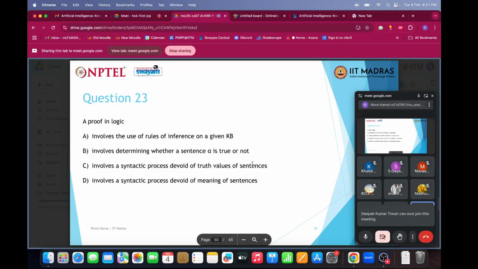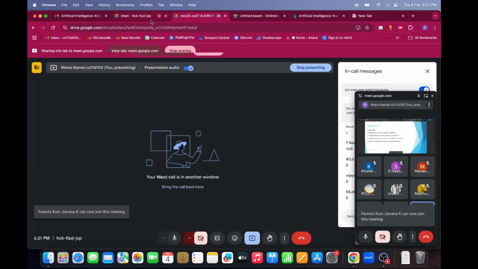So remember that just a while back I was mentioning that given a set of facts in the knowledge base and a set of rules for us to do some reasoning, we can arrive at some sentence or some fact, and that may or may not be true.